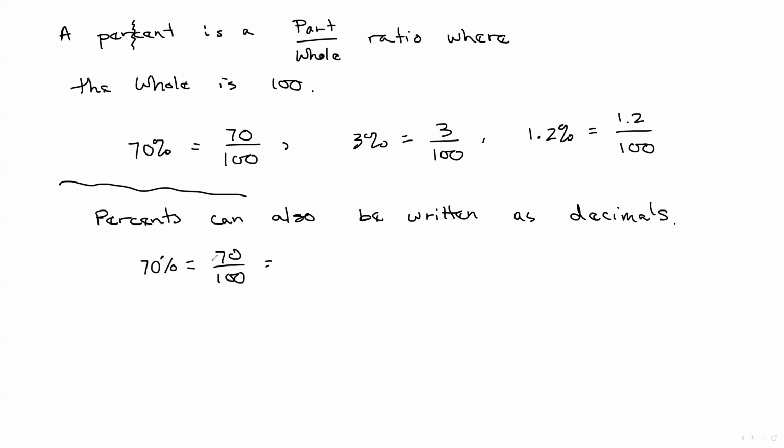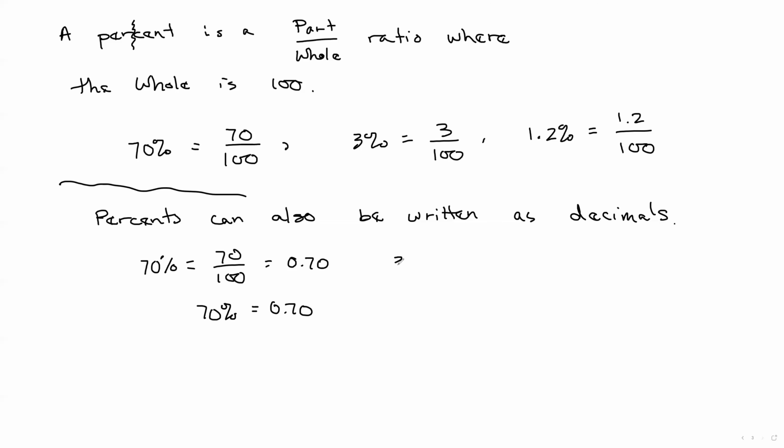You interpret the fraction as the division symbol, and then you plug this into a calculator. You're going to get 0.70, and then if you skip over the middle piece, we can say that 70% equals 0.70.